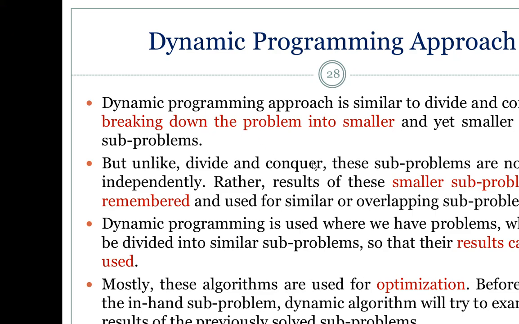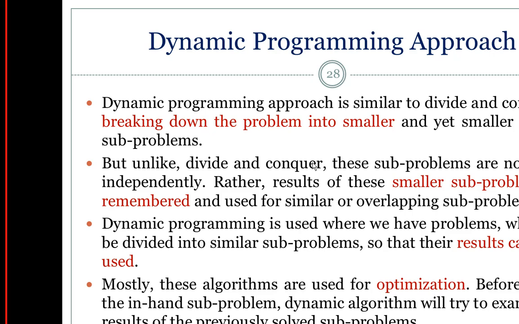In this example, we have seen how we got the nodes of a tree from the previously solved cost and root values. It means the answers of the smaller subproblems are remembered and used in the dynamic programming approach. So dynamic programming is used where we have problems which can be divided into smaller subproblems, so that the results can be reused.